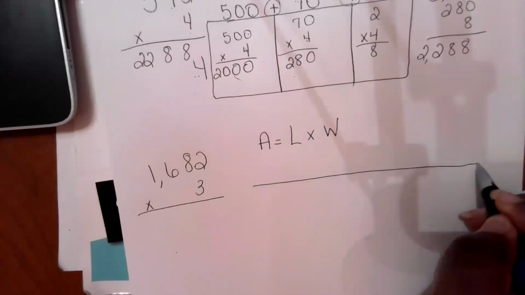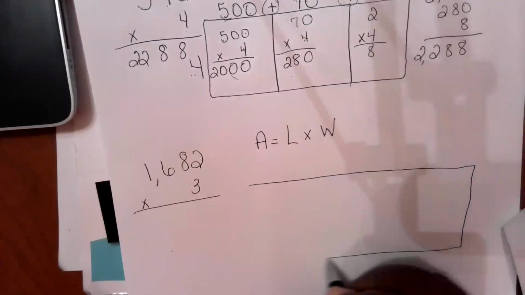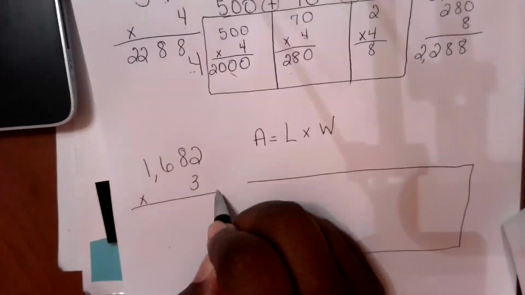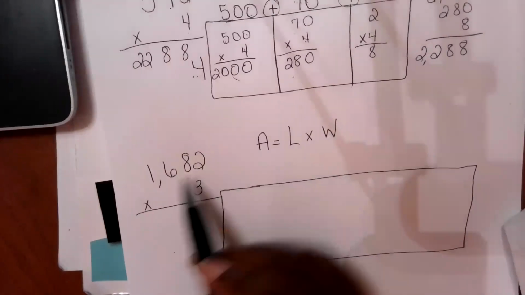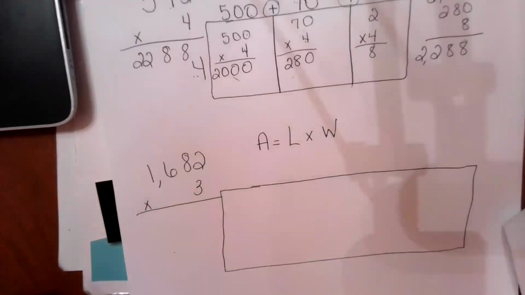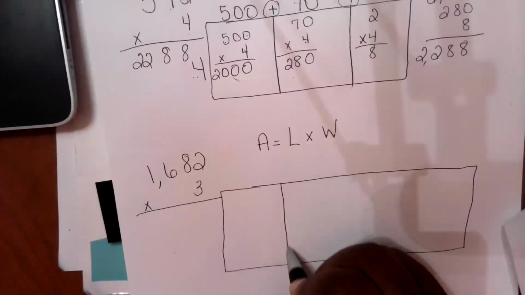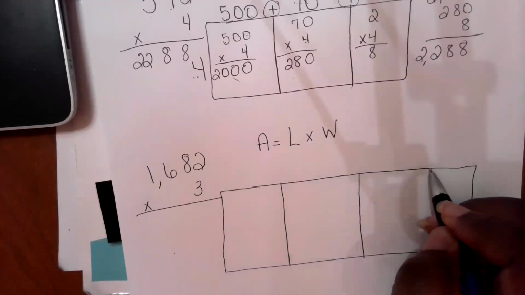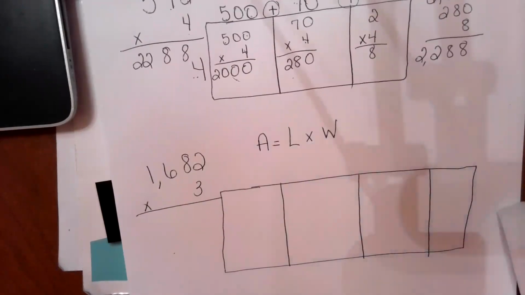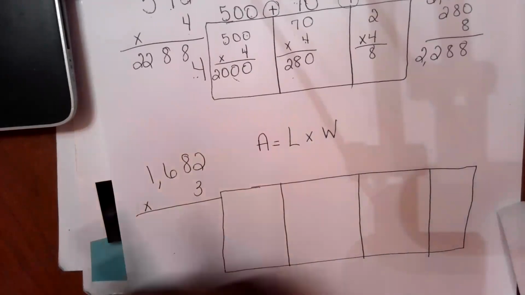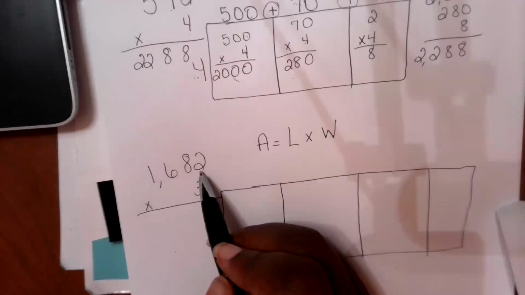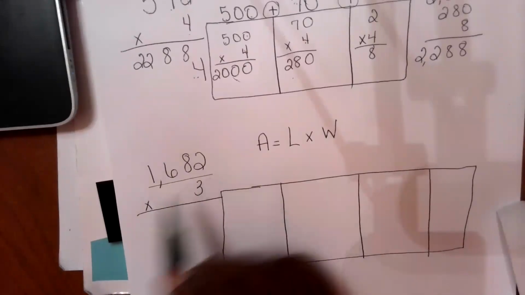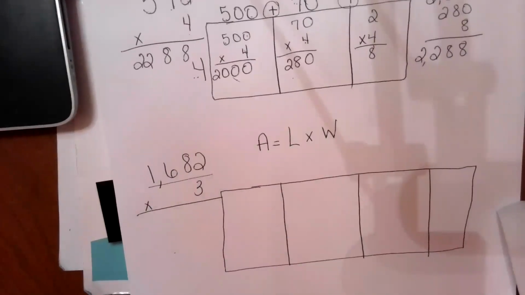So I'm going to make this time a longer box because I see how many digits are in my top number. And I have 4 digits. So that tells me that I have to have how many boxes? 4 boxes. Because each digit has their own box and also their own value. So I'm going to get the expanded form of my largest number, which is 1,682.